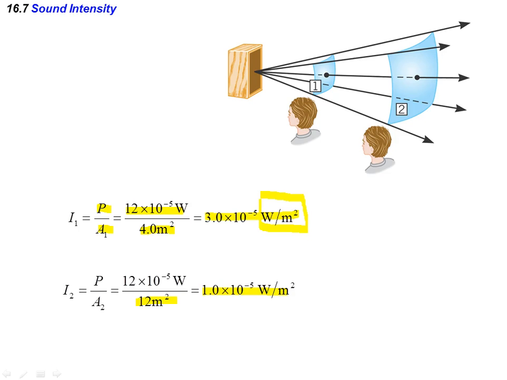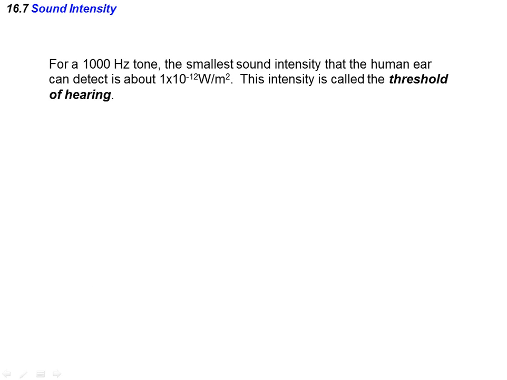For a 1,000 hertz tone, so that's a tone that is vibrating 1,000 times every second, the smallest sound intensity that the human ear can detect is about 1 times 10 to the negative 12th watts per square meter. So that's pretty small.